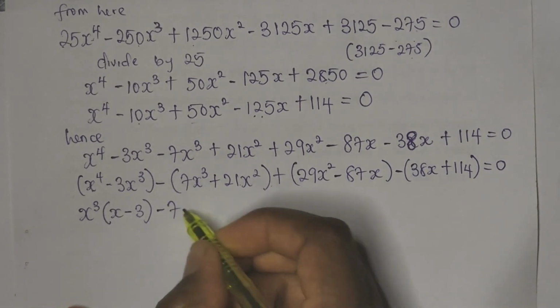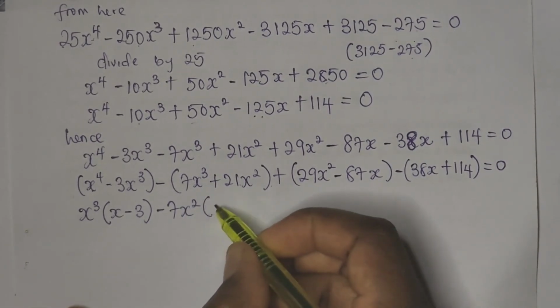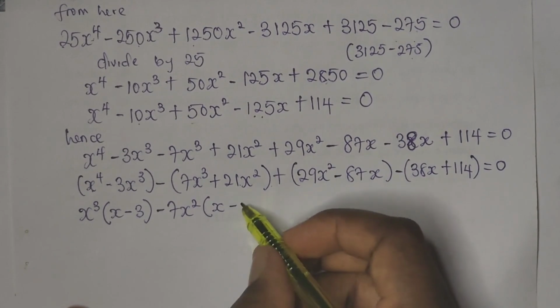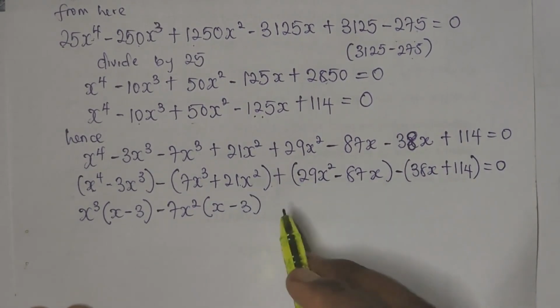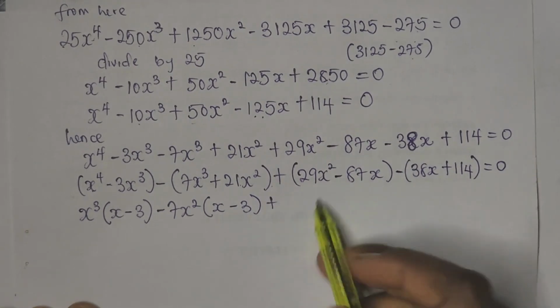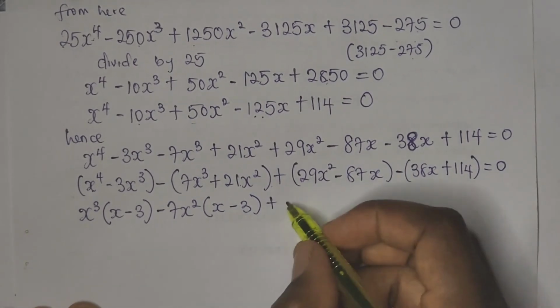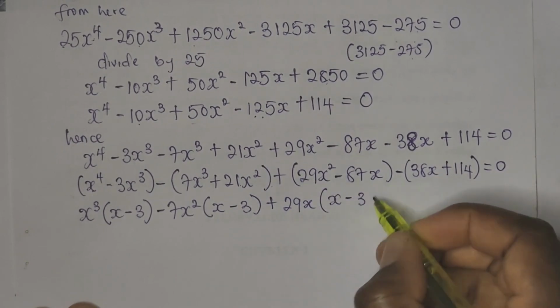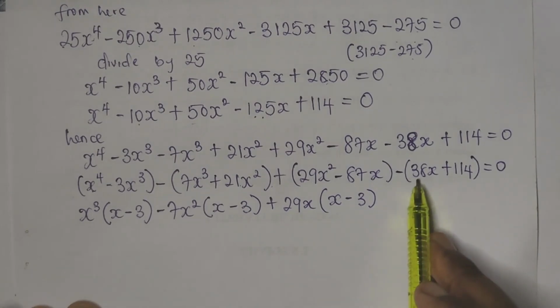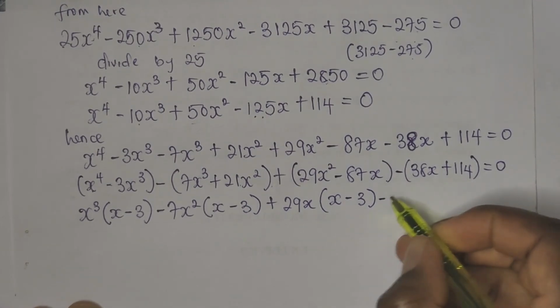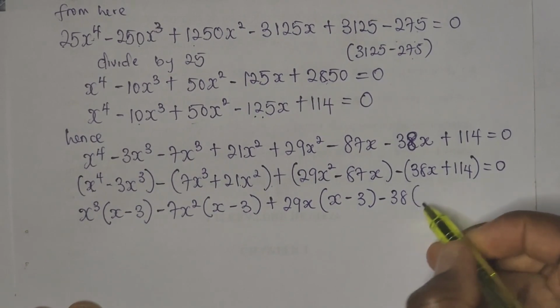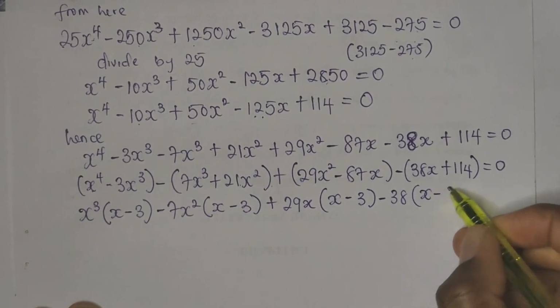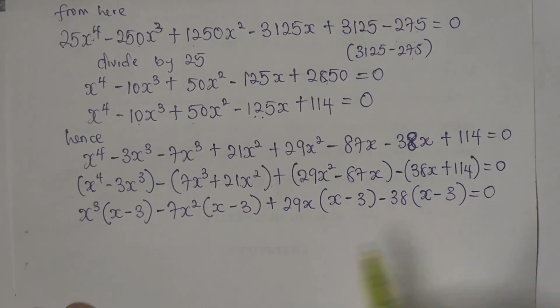So we have minus 7x squared times x minus 3, plus, we'll factor out 29x, we have x minus 3 left. And from here, we'll factor out minus 38. We have x minus 3, all equal to 0.